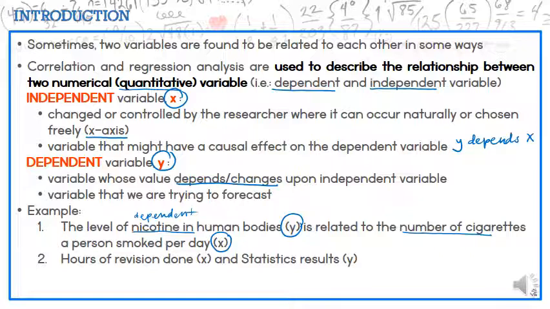So, statistics result is the dependent variable. Markah statistics ataupun result statistics awak bergantung kepada number of hours you buat revision. So this is a few examples. We are going to look at a few more later on.